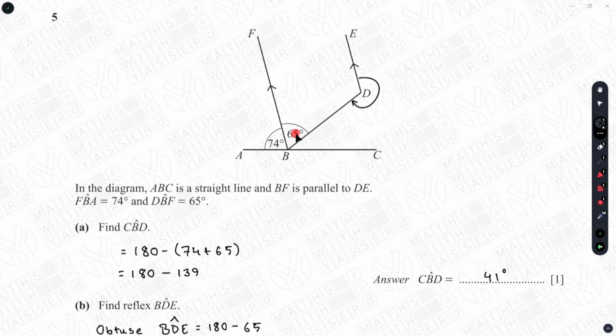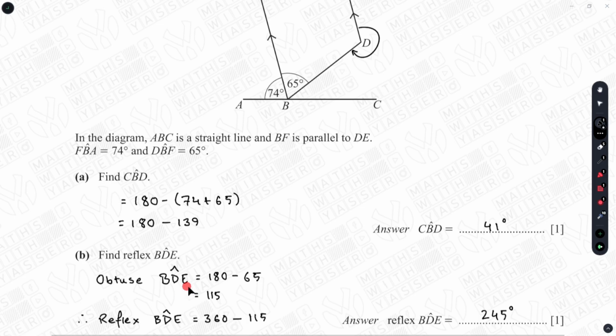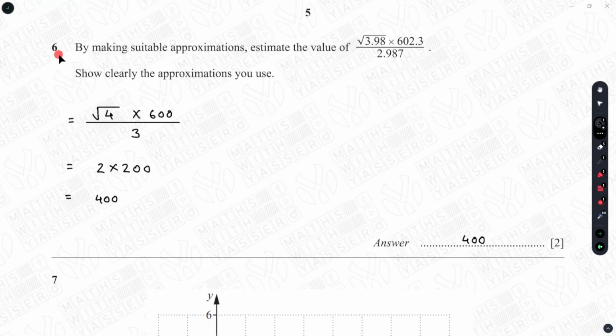That means 65 plus this angle should add up to 180. Therefore, I can say that the obtuse angle BDE is 180 minus 65, which is 115. Therefore, the reflex angle should be 360 minus 115, and that will give us 245 degrees.